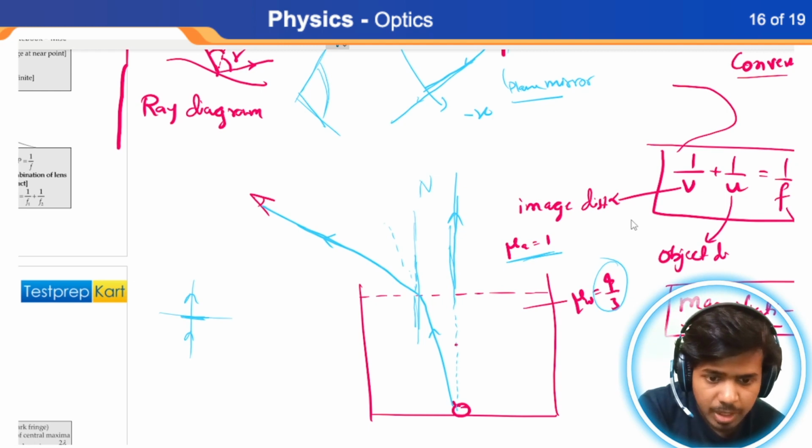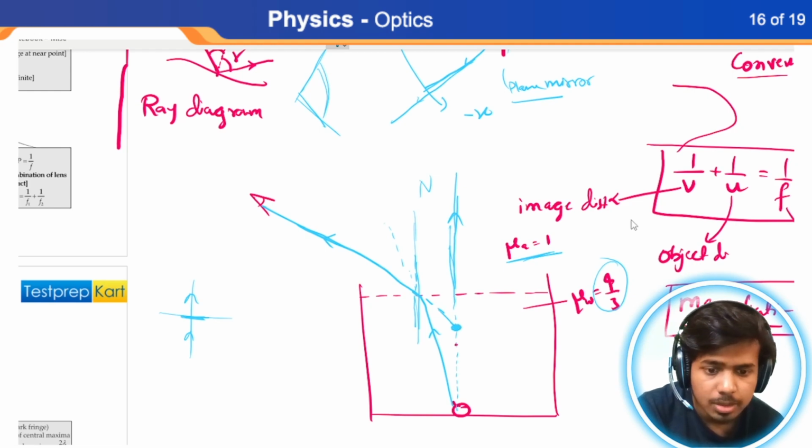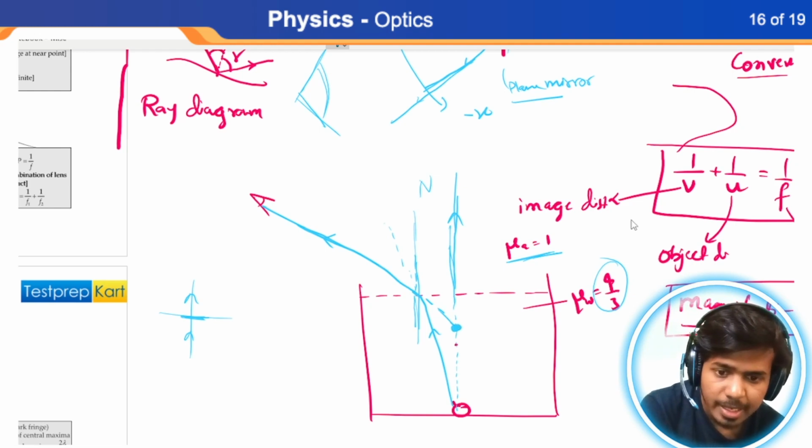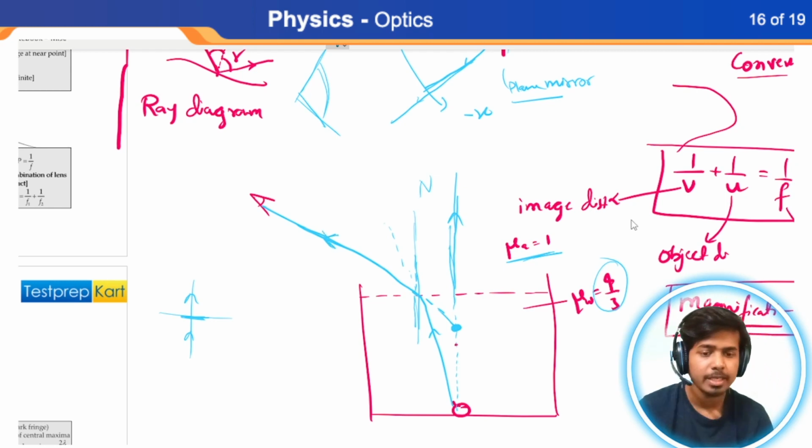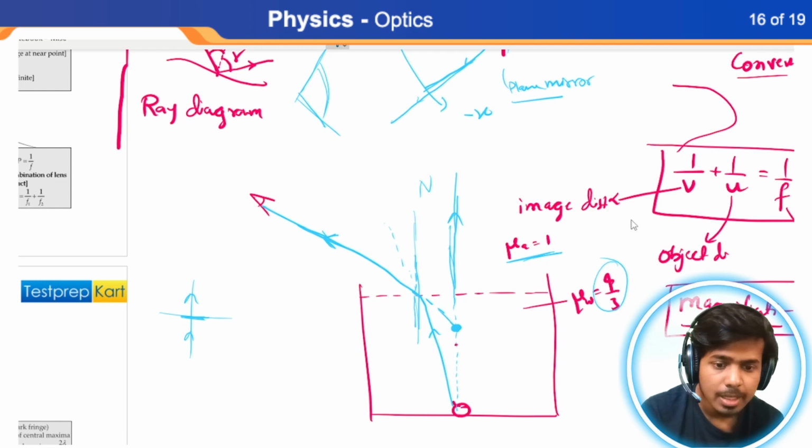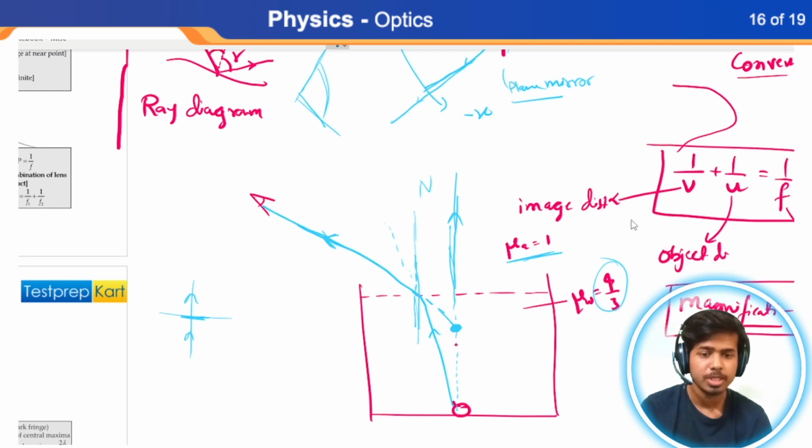In that case, what you have to do is draw something like this, and the object appears to be here, because the light travels like this, right? In the direction of the coming of light, and our eyes assume it to be in a straight line, and that is why the object appears to be over here.